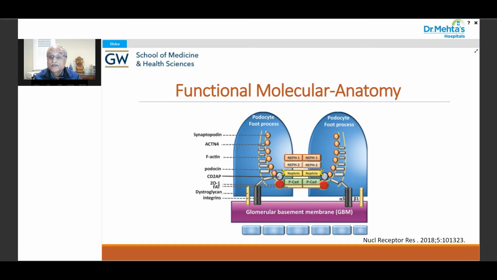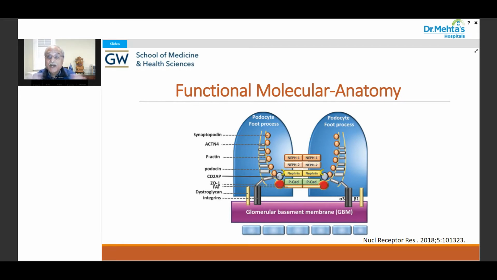It has no extracellular element, yet it is able to communicate with not only the extracellular components nephrin, Neph1, and Neph2, but also is very important in communicating with CD2-associated protein, what is known as CD2AP, and other proteins within the communication cascade of the podocyte itself.